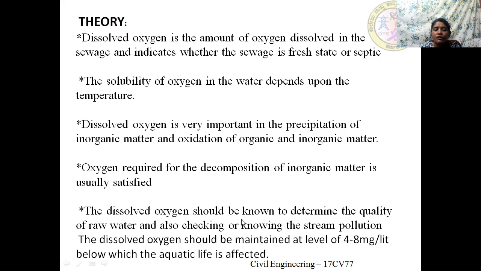The dissolved oxygen should be known to determine the quality of raw water. It helps us to check the stream pollution. The dissolved oxygen should always be maintained at a level of 4 to 8 mg per liter. If this dissolved oxygen is less than 4 mg per liter, then it will seriously affect the aquatic organisms.